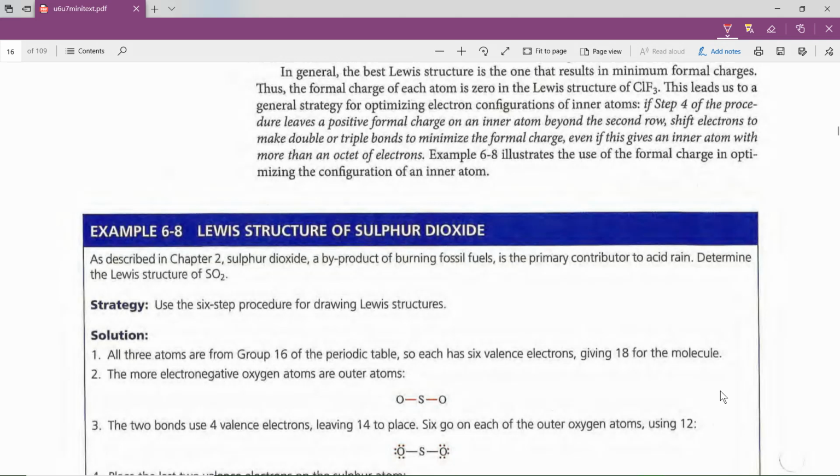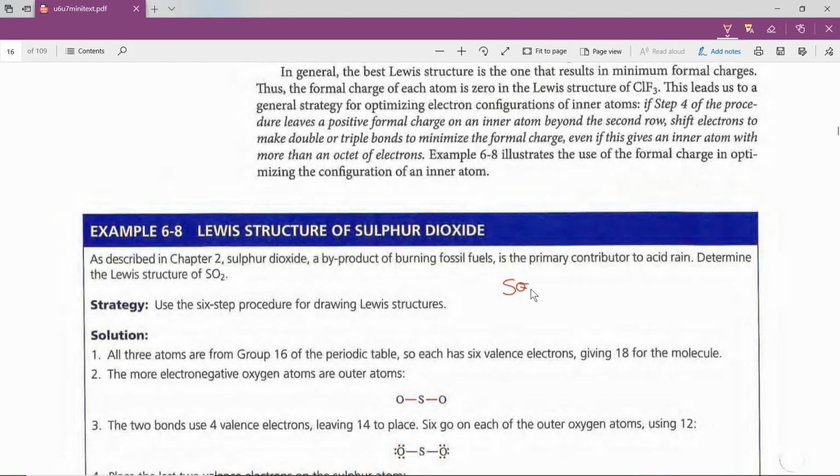And so we're going to look at some possibilities for sulfur dioxide. One of them, I'm going to have 18 electrons, right?